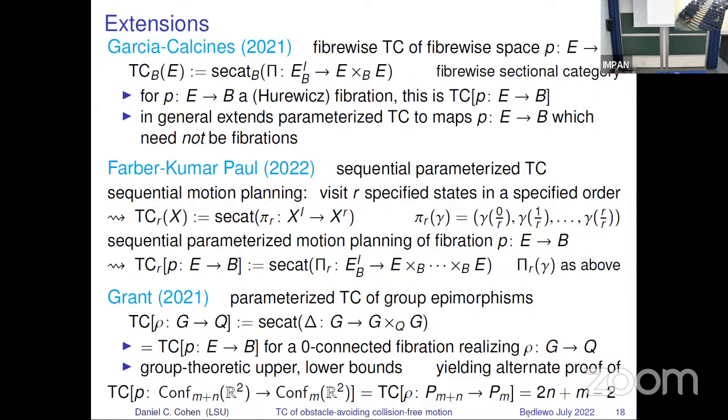Mark defined parameterized topological complexity of group epimorphisms to be the sectional category of the diagonal homomorphism from your group G into the fibered product G times G over Q. If you realize this surjection of groups by topological spaces, E is a K(G,1), B is a K(Q,1), and you need a zero connectivity assumption. This group theoretic notion agrees with the notion that we were discussing earlier.